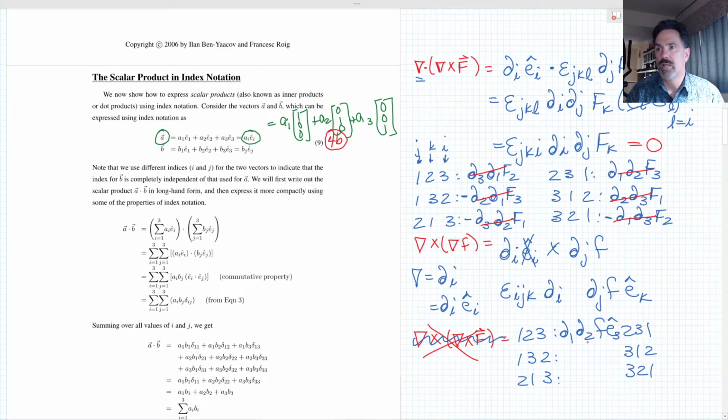And then this is a partial 1, partial 3, f in the e2 direction. Remember, it gets a negative because this is reverse order. And then I have a partial 2, partial 1 of f in the e3 direction. And this one's also negative.